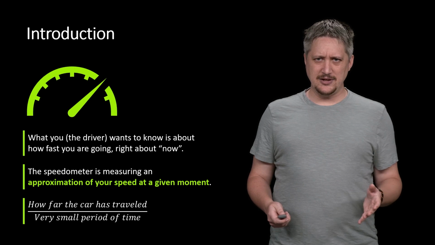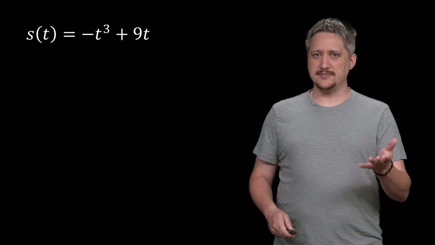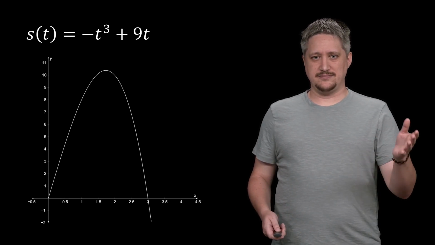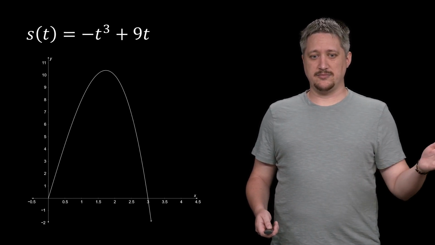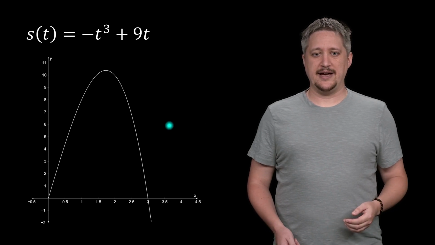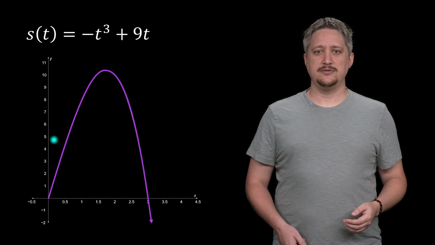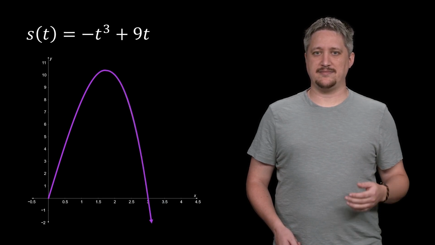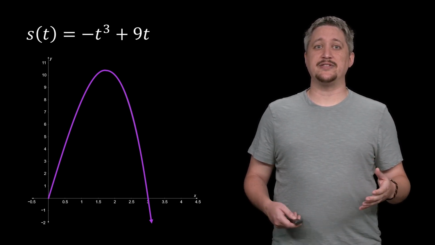Okay, so to see what we mean by this, let's do a toy example. Let's say we have this function, s of t, and this represents how far from a starting line your car is. If we graph the curve, time is our x-axis, and as time increases, the vertical represents that displacement, how far from the starting point you are.